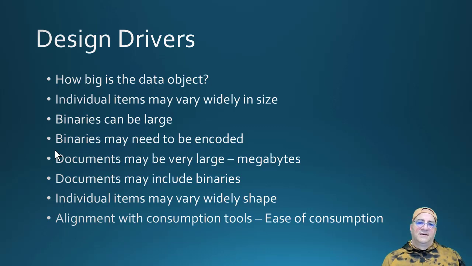You might need to align with consumption tools. So if you're going to do transformations, you might want to set yourself up to make the transformations to the consumable model easier. And so you've got to take into account how you're going to read that data and write it, either for end user consumption, although we don't worry about that in the raw, or for the transformation tools. So pick your design drivers.